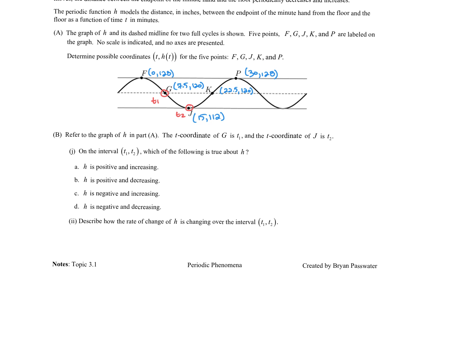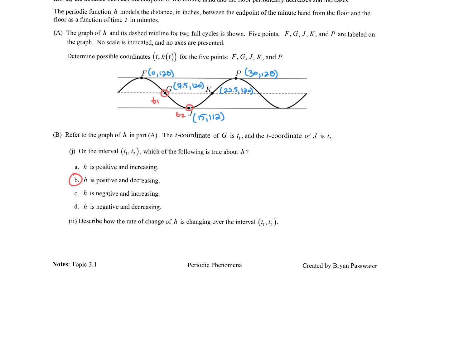Is it a positive number or a negative number for my h of t? It's positive. All right. I have 120 and 112, right? It's above the x-axis. It's positive. Now, is it increasing or decreasing from g to j? It's decreasing. So it's positive and decreasing. All right. Pretty good. Cool.